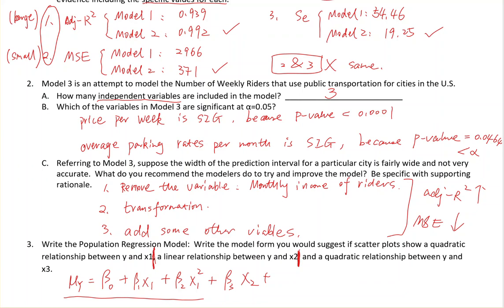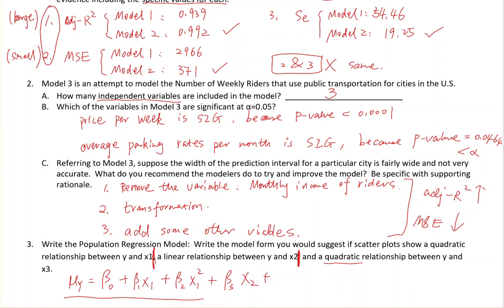Next, a quadratic relationship between y and x3. So this is the same situation as for x1, right? So it shows a quadratic relationship between y and x3. That means we have an x3 squared term. But before you add the x3 squared term, you need to add x3 itself into the regression first, right?